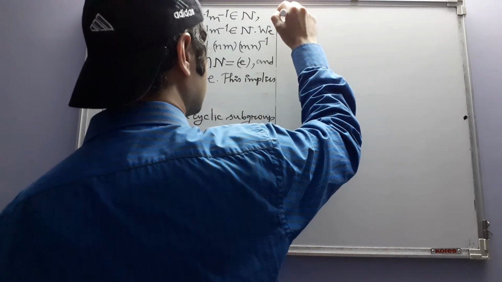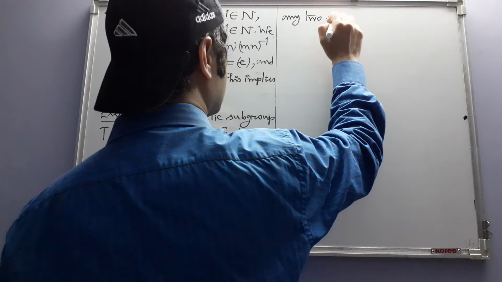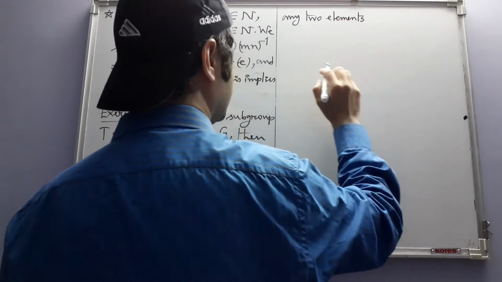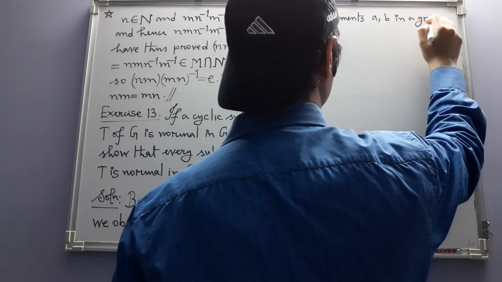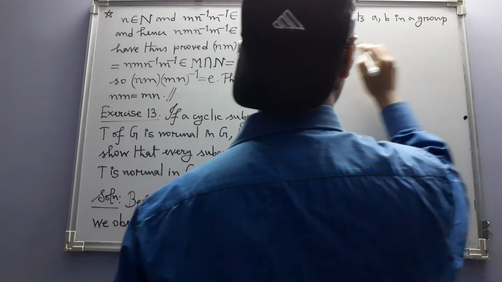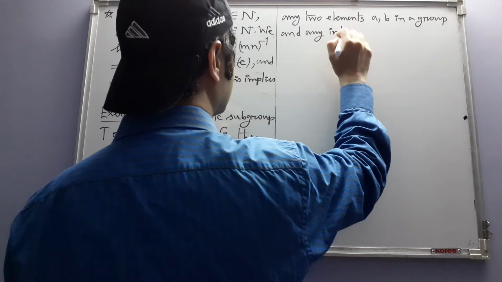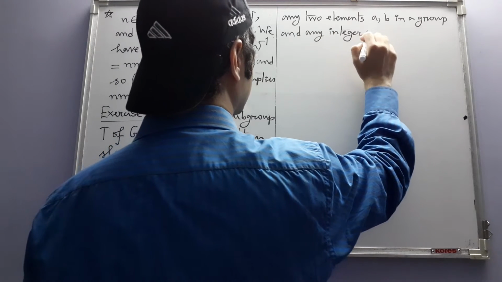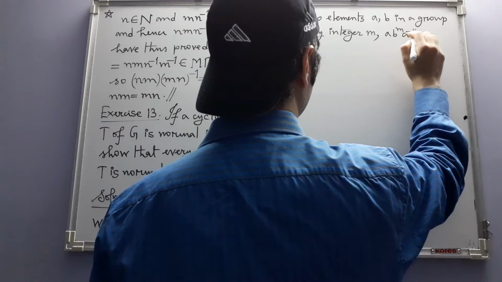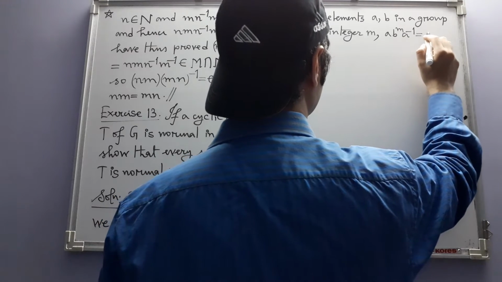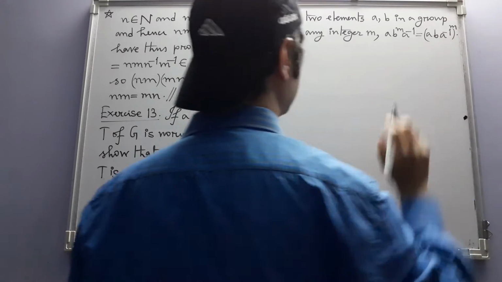For any two elements a, b in some group and any integer m, a b to the power m a inverse is equal to (a b a inverse) whole to the power m.